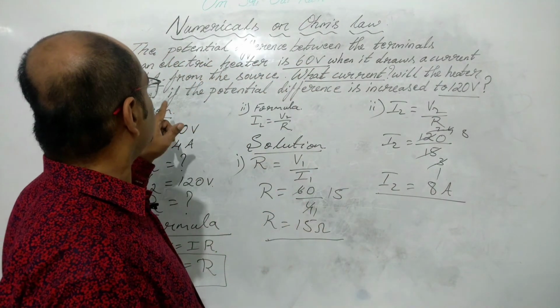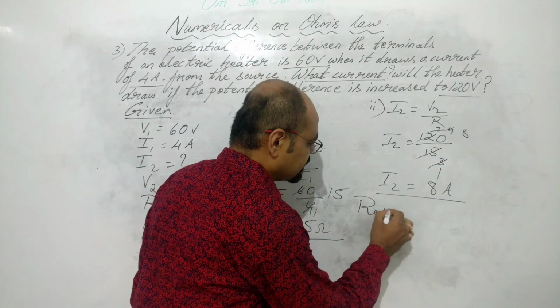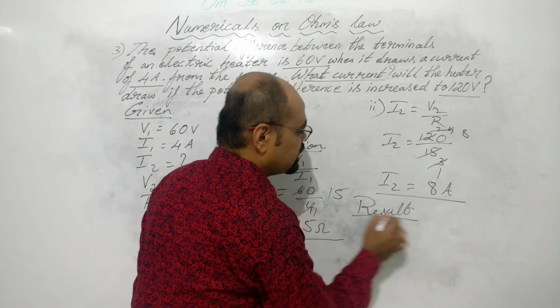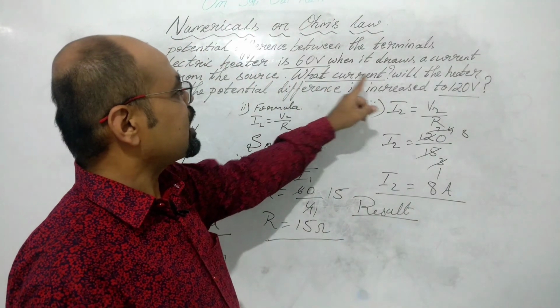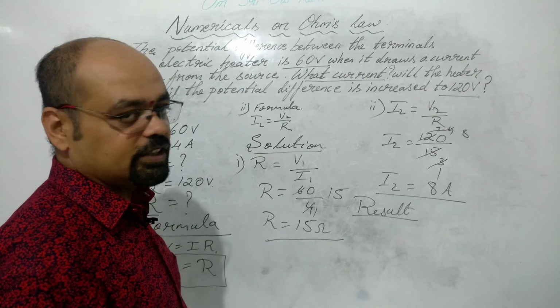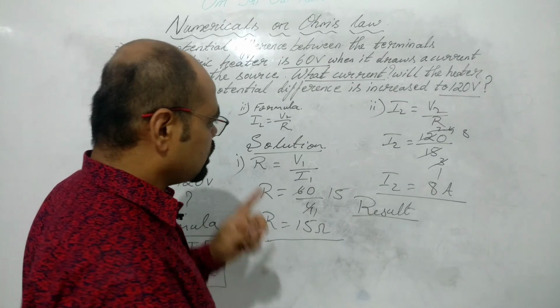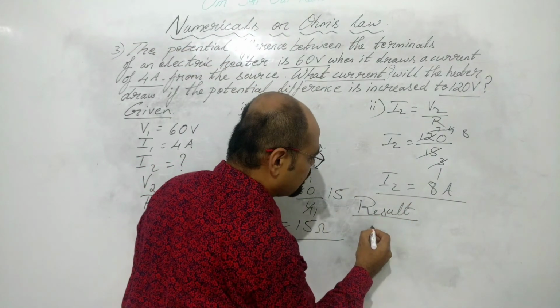Now what is the question they have asked and how should we write the result? The result should be based only on what the question asks: what current will the heater draw if the potential difference is increased to 120 volts? So the electric heater draws 8 amps of current.